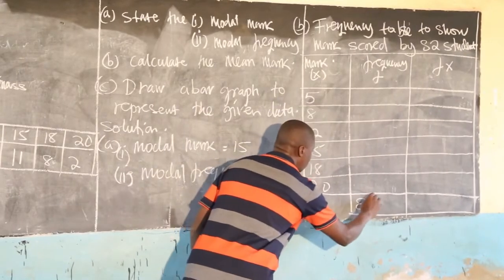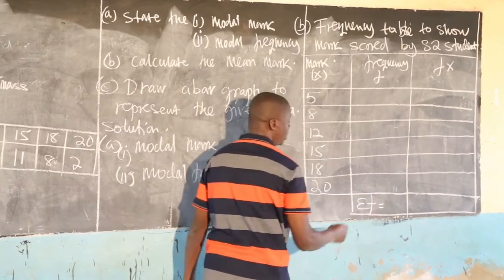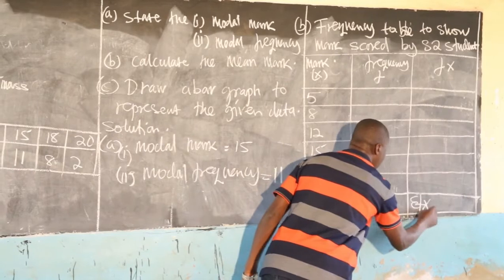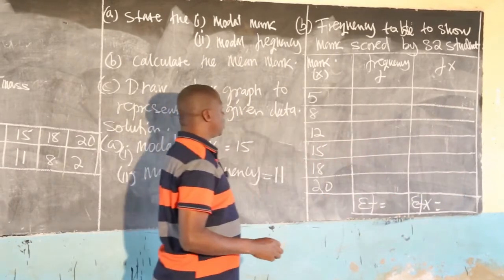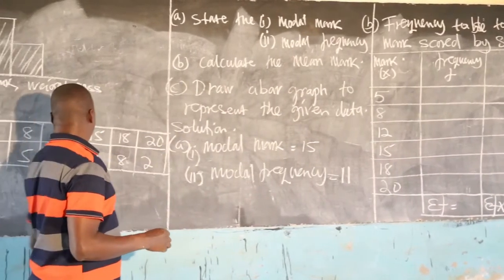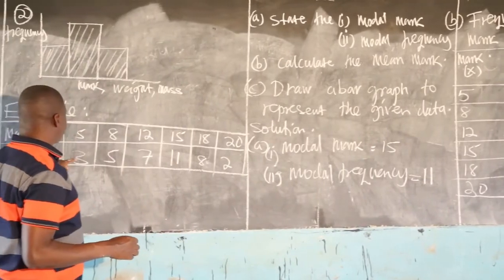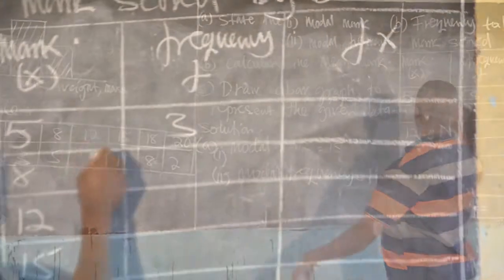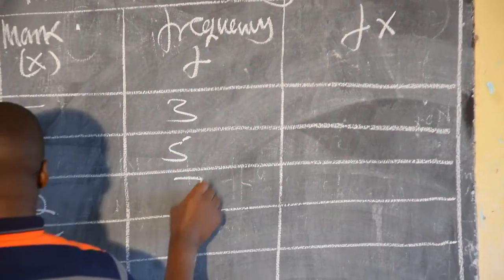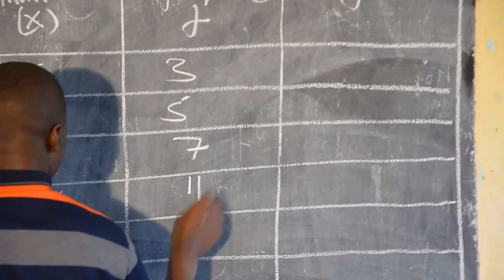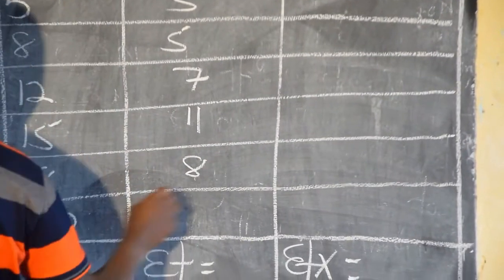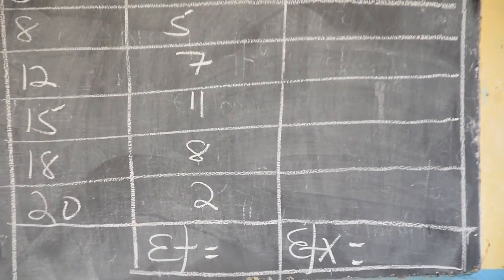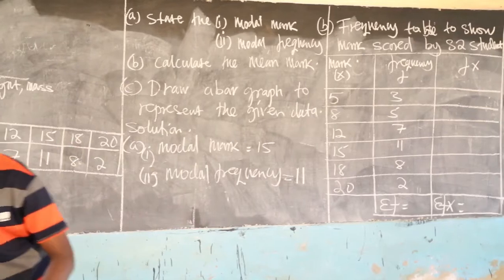So this is summation F, and this is also summation Fx. We have the frequency. Frequency for 5 is 3, then 5, 7, 11, 8, 2. Yes, let us get our calculator.